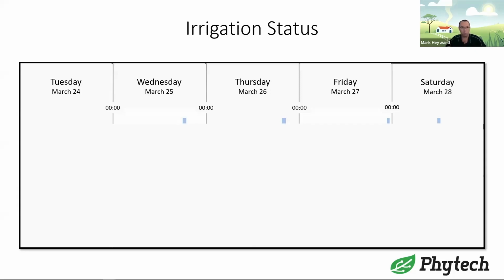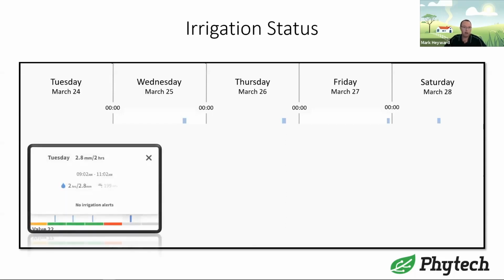So the wider the blue bar, the longer the irrigation event, and the position of the bar on the timeline is important too. So the Wednesday, Thursday, Friday irrigation events were later in the day, closer to that midnight marker. The irrigation event on the Saturday sits in the middle of the day because that's when the irrigation happened.